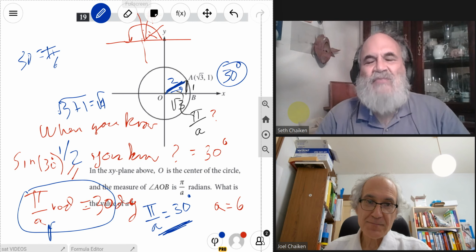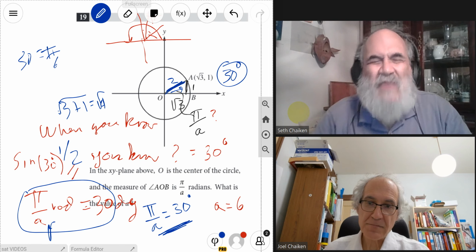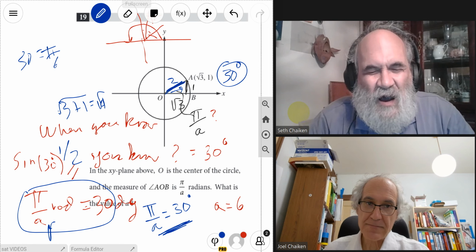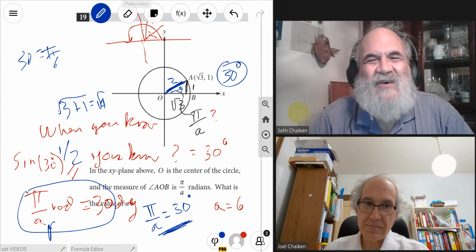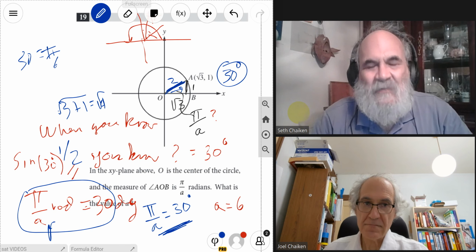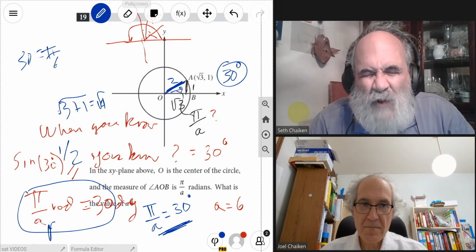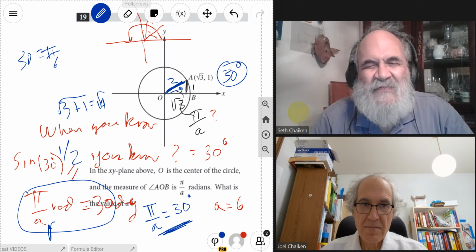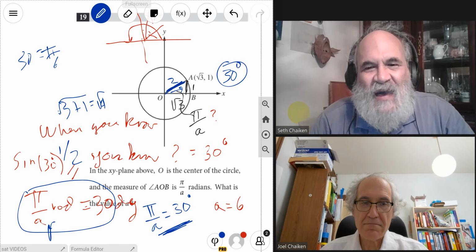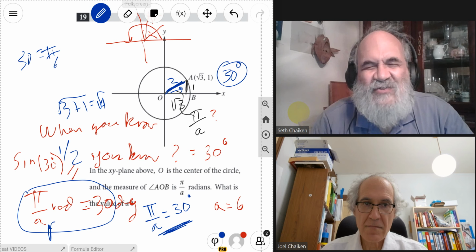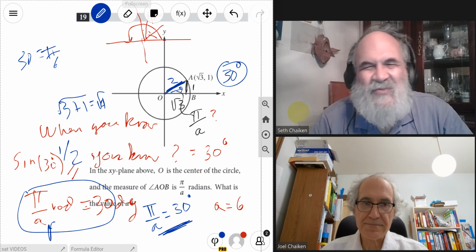But I do know the special triangles used in high school math, the 45-degree triangle and the 30, 60, 90 triangle. I know that a 45-degree angle is half of a right angle. And in a 30, 60, 90 triangle, the little angle is a third of a right angle, and the 60-degree angle is twice that, because 30 plus 60 equals 90.